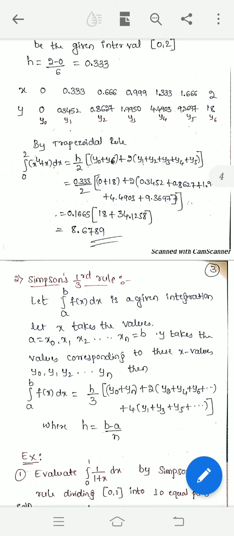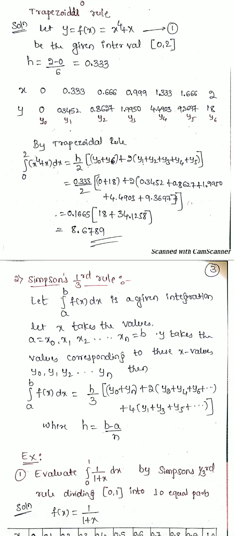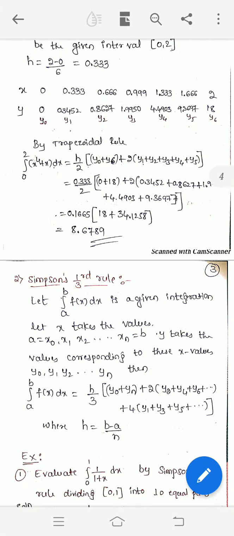Then by using the trapezoidal rule, the integration from 0 to 2 of x power 4 plus x into dx is equal to h by 2 into (y0 plus y6, the first term plus last term) plus 2 into (all the remaining terms, that is y1 plus y2 plus y3 plus y4 plus y5).